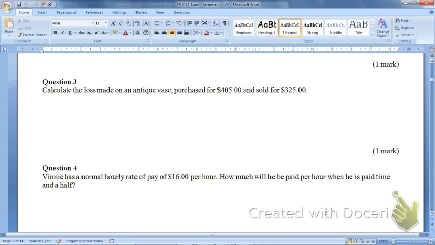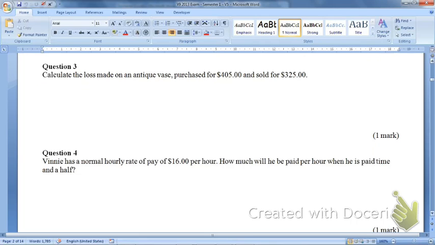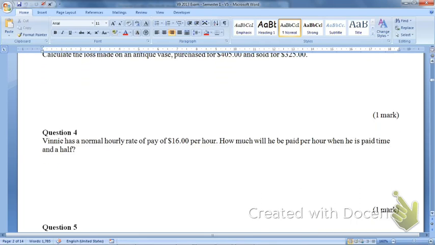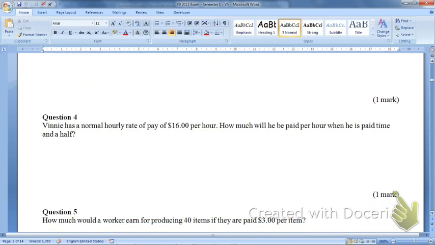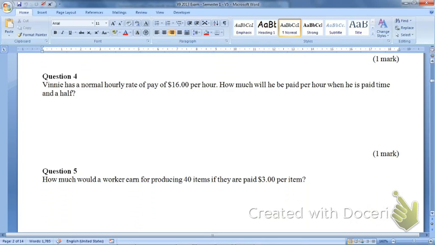Moving to question 4. Vinny has a normal hourly rate of $16 per hour. How much will be paid per hour when he is paid time and a half? Time and a half is 1.5 times the original.